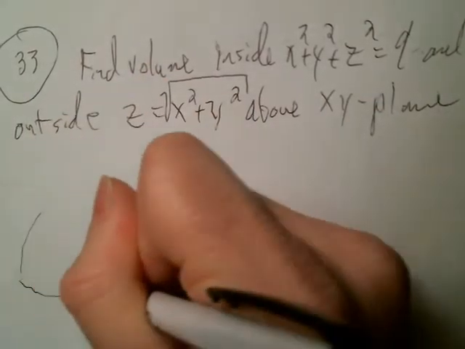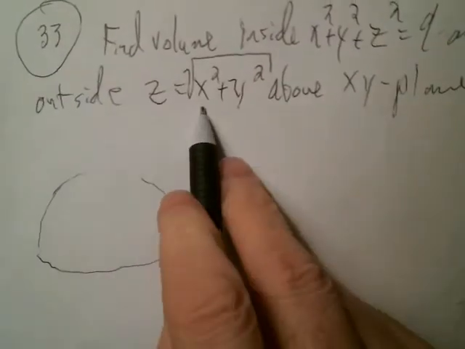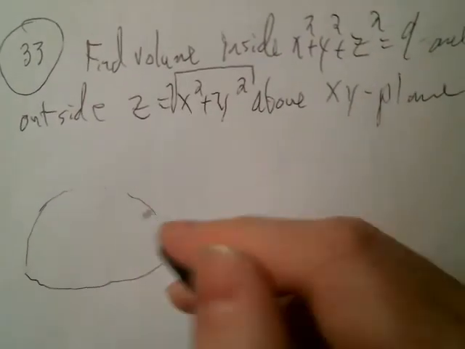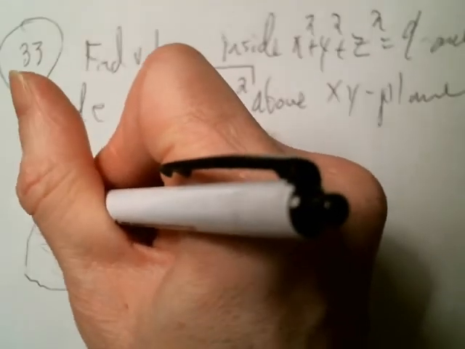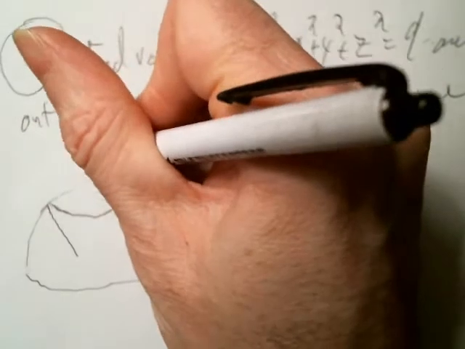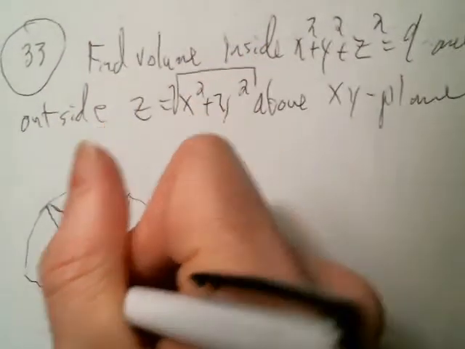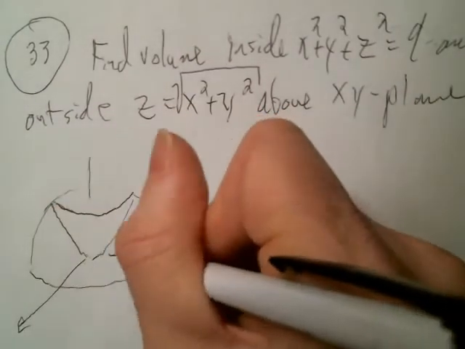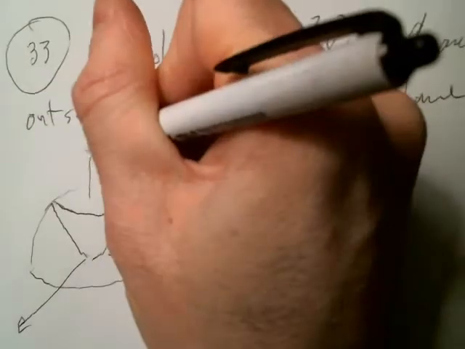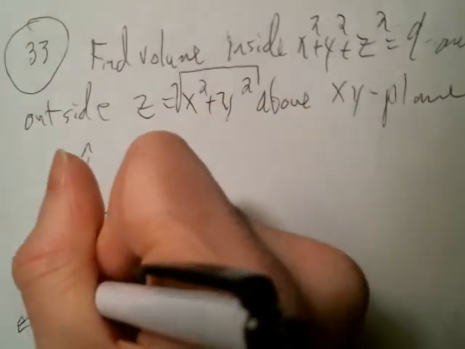So I have the top of a sphere, and then on the inside of the sphere, I have a cone. The cone will probably be peeking out maybe right here, and that's on the inside. This is all in XYZ space. So this is 1, 2, 3, 1, 2, 3.